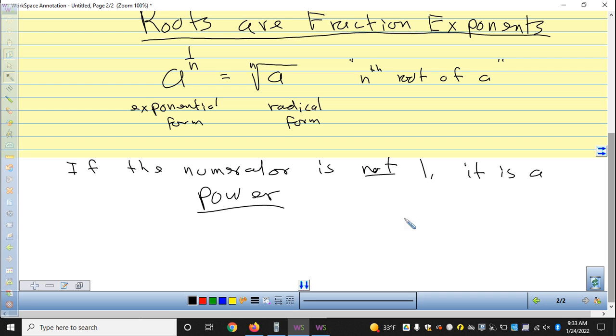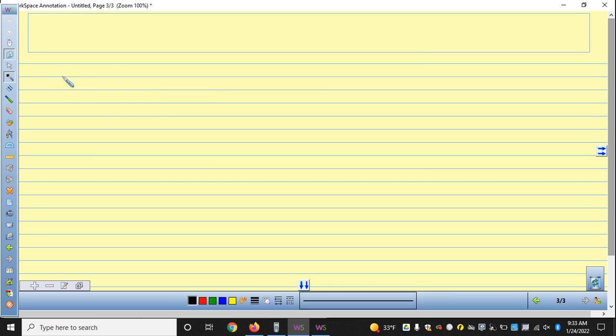So what we mean by that is if we had something like 8 to the 2/3 power, well, the 3 in the bottom is a root, and the 2 in the top is a power.